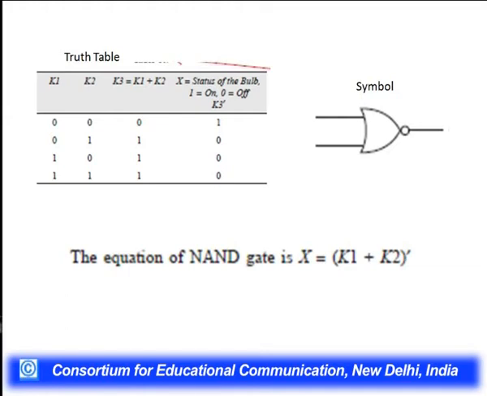Simply add an inverter to the OR gate to get the symbol for the NOR gate, and the equation of the NOR gate is X equals the complement of K1 plus K2. So you will get the equation for the NOR gate.